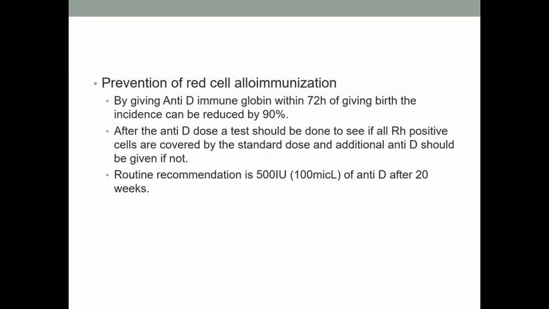So can we prevent this from happening? The best thing is prevention. If it happens, then we have to treat, but the best thing is to prevent it. By giving anti-D immunoglobulin within 72 hours to the mother, we can prevent any red blood cells that have come into the maternal circulation from sensitizing the mother. So what we do is, as soon as the baby is delivered, we check and give a dose of anti-D immunoglobulin.